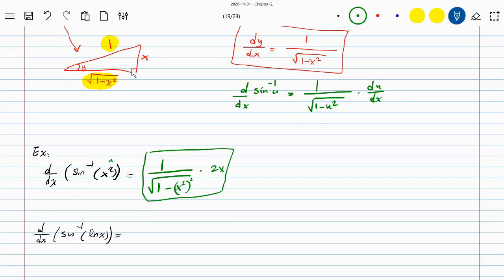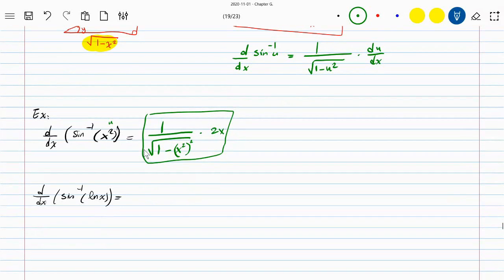How about the next one? What is the derivative of sine inverse of ln x? Again, you can apply the chain rule. This is the input function, u.